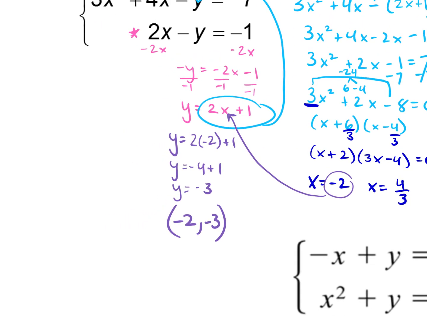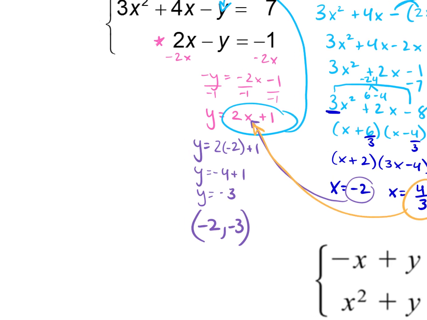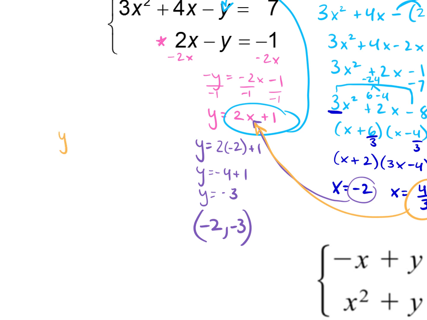Now let's do the same thing with the second number. So I'm going to plug in the x. So we have y is equal to 2 times 4 over 3 plus 1. So y is equal to 8 over 3 plus 1. How do we add with fractions? We need a common denominator. So I'm going to change 1 to be 3 over 3.